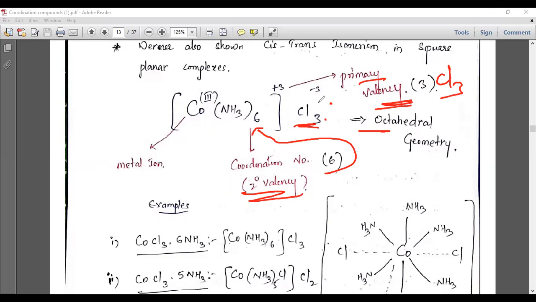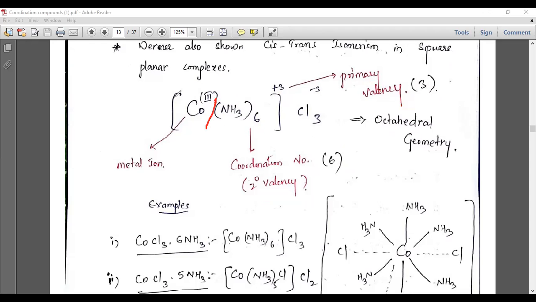Of course, definitely, because here Cl3 is there, that means -3. -3 means definitely it is +3, and here the ligand is 0, so 0 plus 3, that is 3, the oxidation state of cobalt. So this Cl3 satisfies the oxidation state of the central metal ion. So you should understand that is our primary valency. And here the coordination number 6 means definitely it will be our octahedral complex. So you should understand these points here.